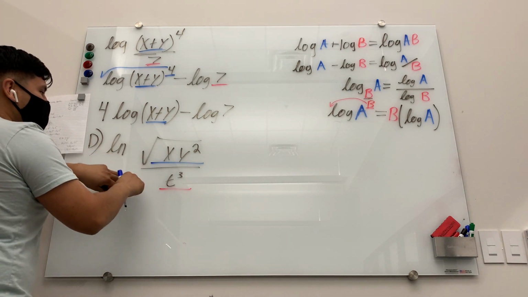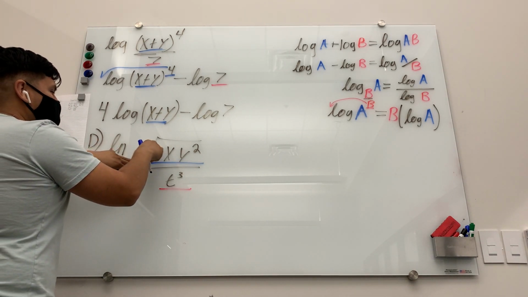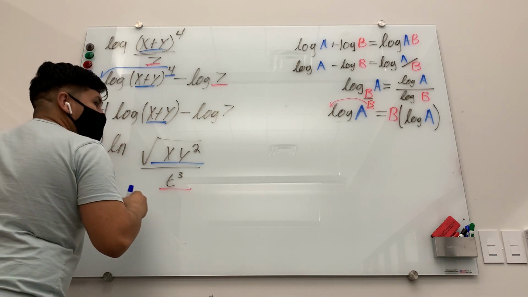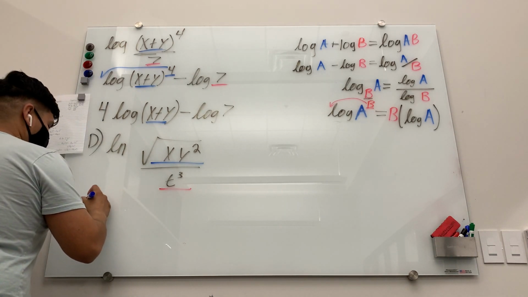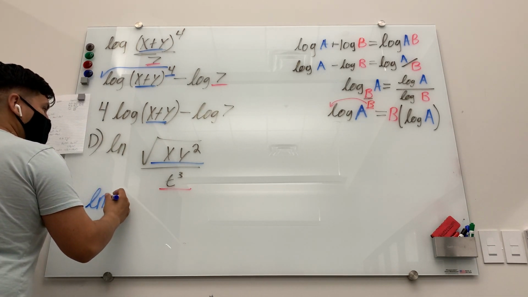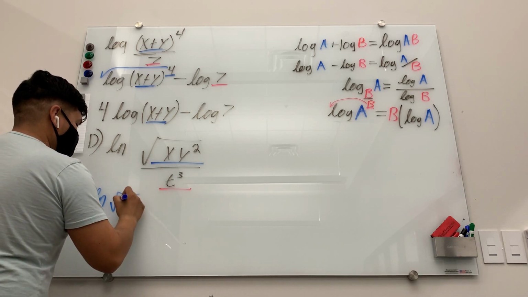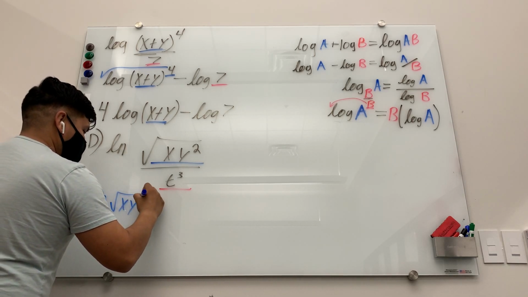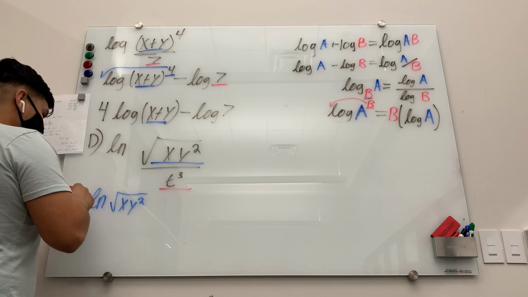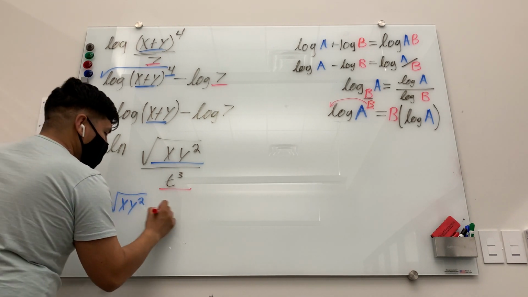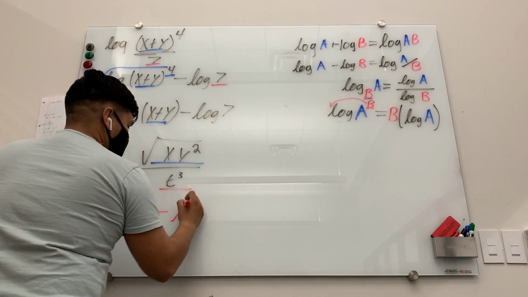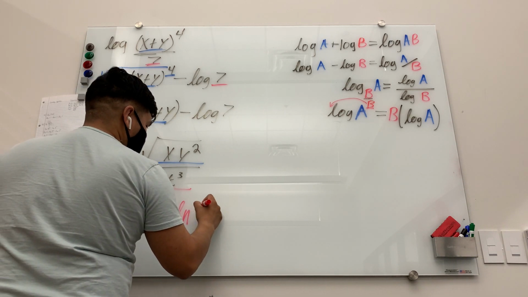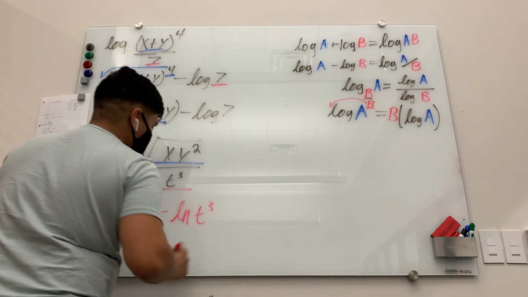So we have the natural log of the numerator minus the natural log of our denominator. So we have natural log of our numerator, which is going to be the cube root of xy squared, minus the natural log of our denominator, which is going to be t cubed.